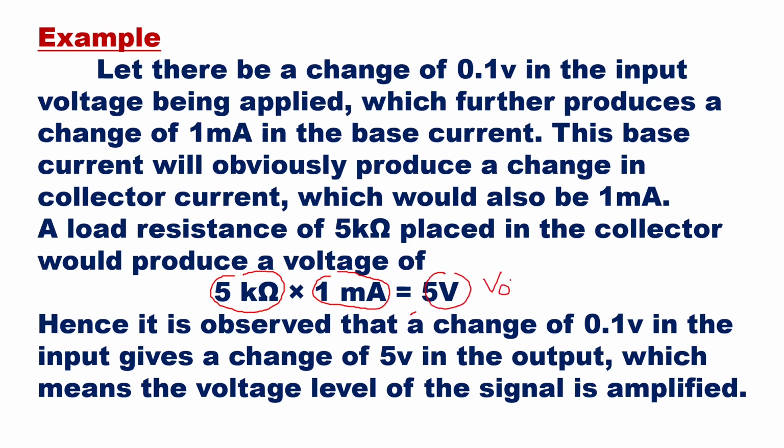This is your output voltage. Hence it is observed that a change of 0.1 volt in the input gives a change of 5 volt in the output, which means the voltage level of the signal is amplified. So here we can show that the transistor is acting as an amplifier. That is, a change of 0.1 volt in the input is showing a change of 5 volt at the output. So it is increased, it has been amplified.